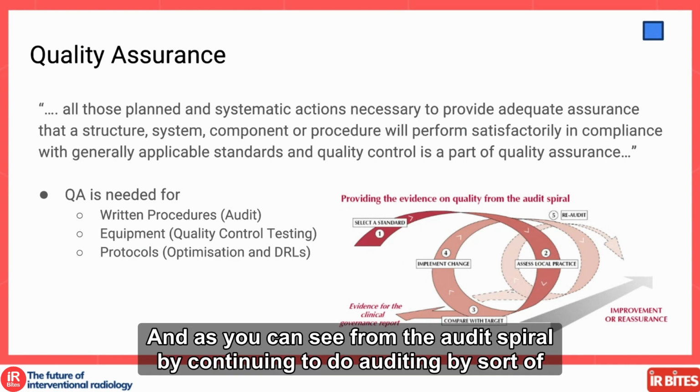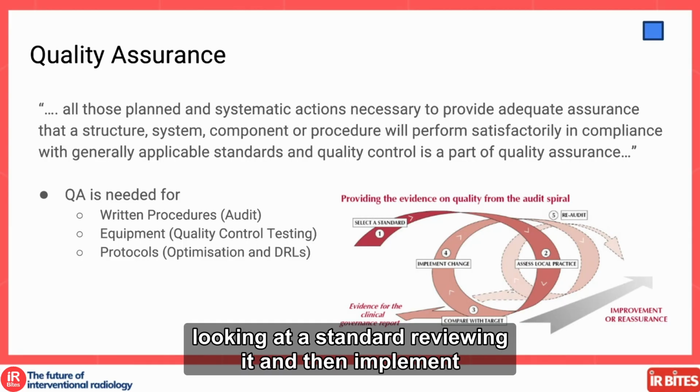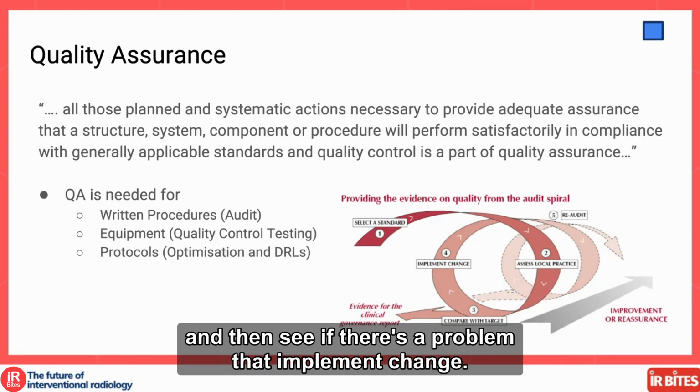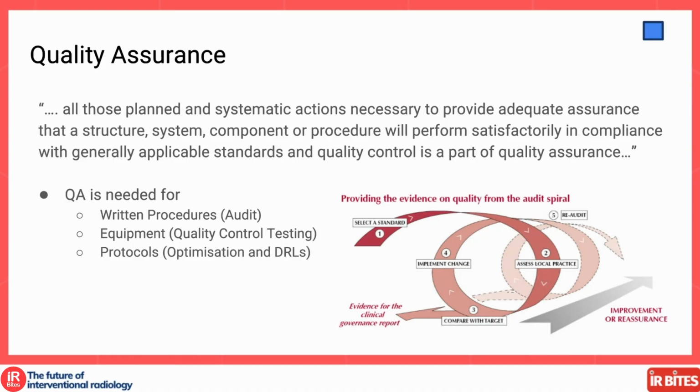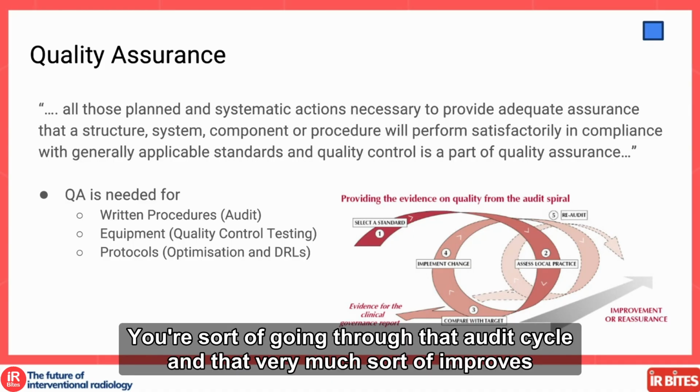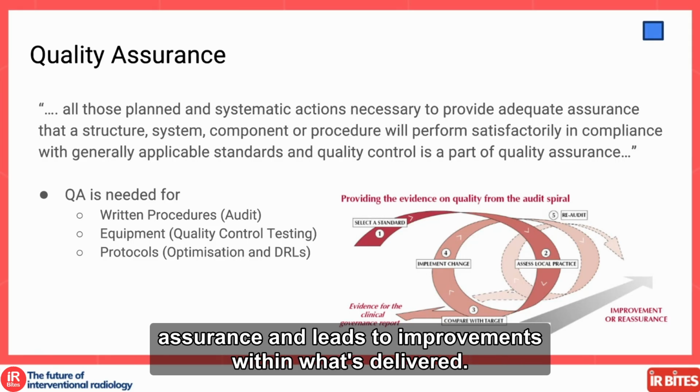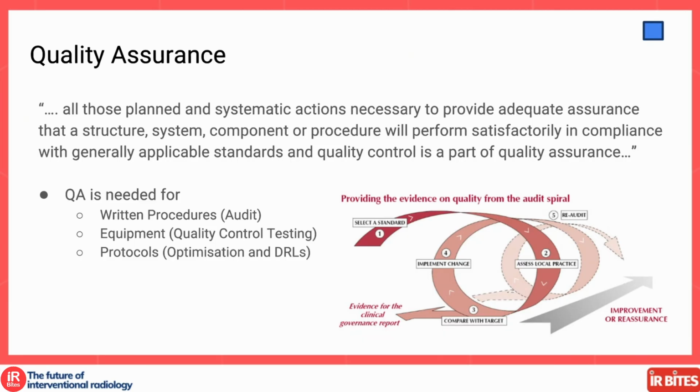And as you can see from the audit spiral, by continuing auditing, by looking at a standard, reviewing it, and then implementing, and then seeing if there's a problem, then implementing change, you're going through that audit cycle, and that very much improves assurance and leads to improvements within what's delivered.